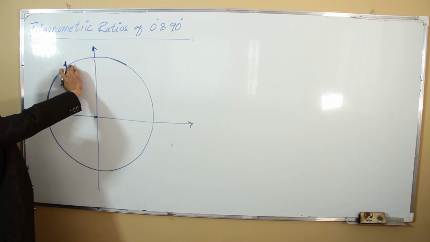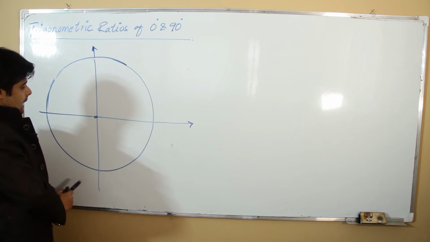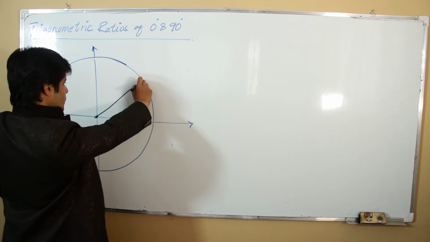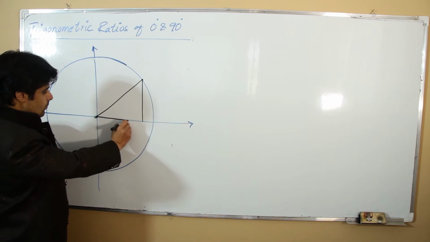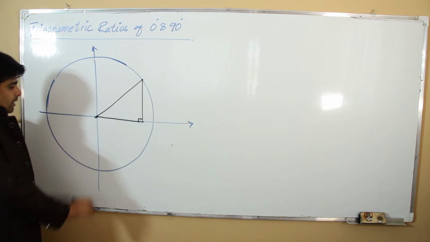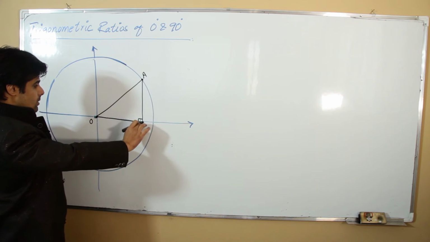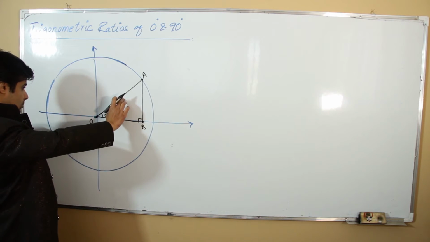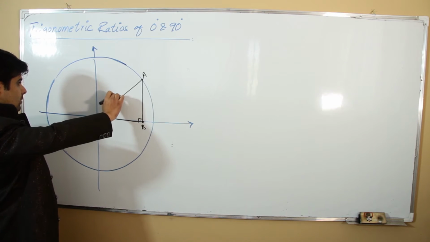Now, we will have a triangle here. This is your right angle triangle, in which this is O, this one is A, and this one is B. This is your alpha, this is your hypotenuse, and hypotenuse is equal to radius, which is 1.